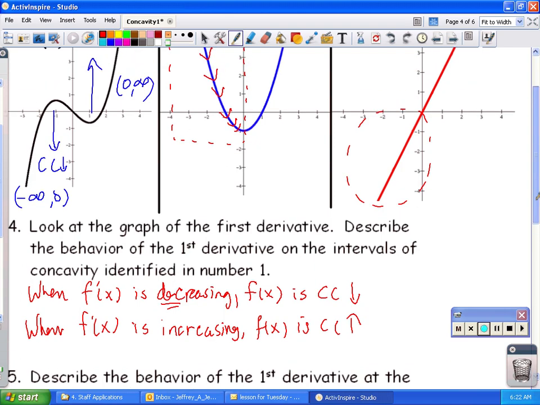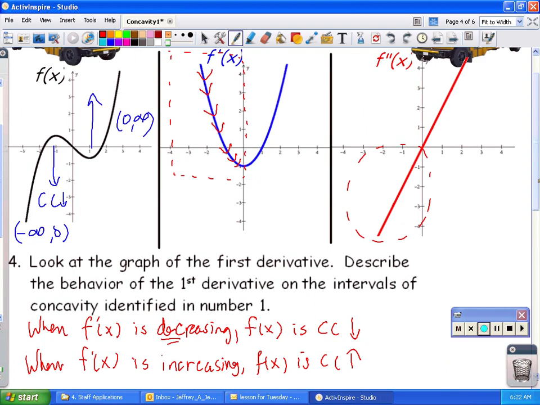So if you look back up at the first derivative graph, here's the region where my original function was concave up, and the first derivative graph is increasing. Now finally, if you take a look at where the point of inflection was occurring, we said we had a point of inflection at x equal to 0.